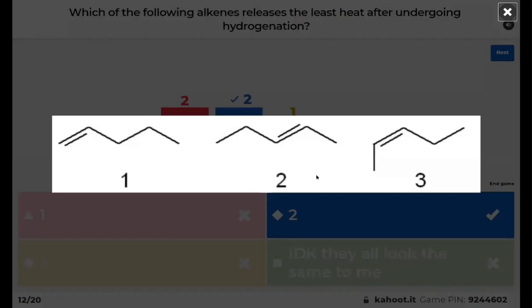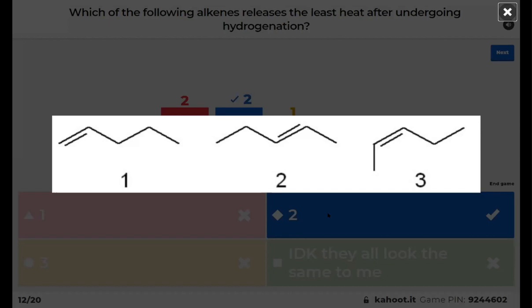Okay, so I don't know if we discussed this in class, but it's heat of hydrogenation, because you see 1, 2, and 3 all get the same product after catalytic hydrogenation. You're finding the most stable alkene because that will release the least energy for hydrogenation. Usually when an alkene is more substituted, it's more stable.